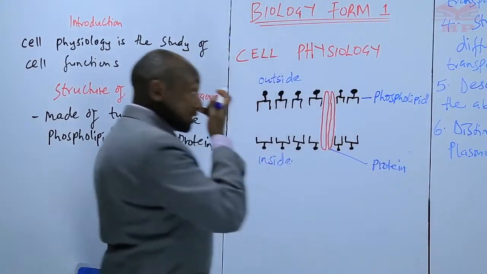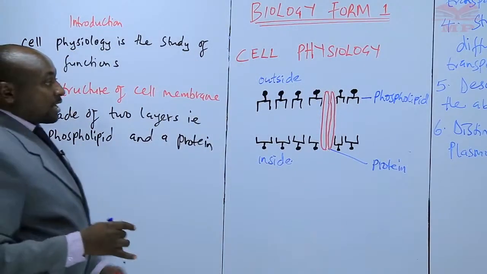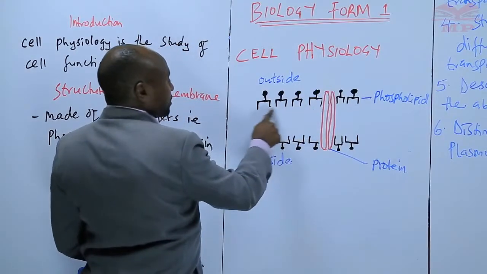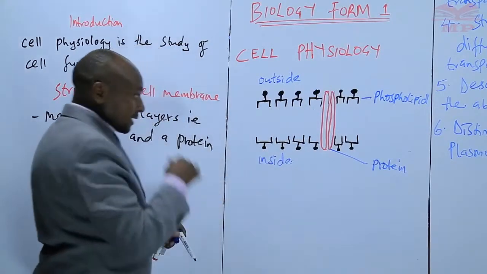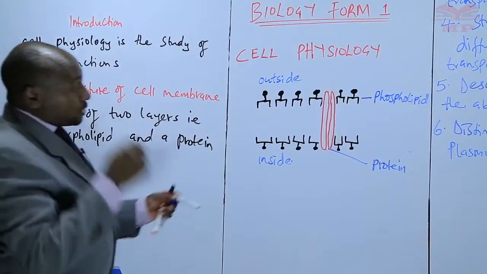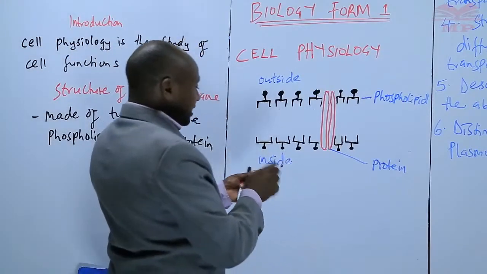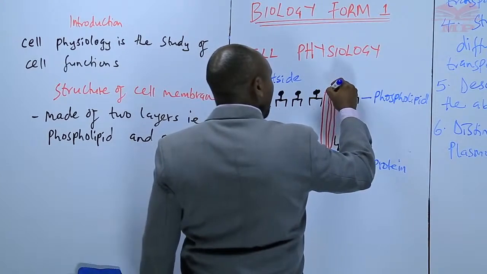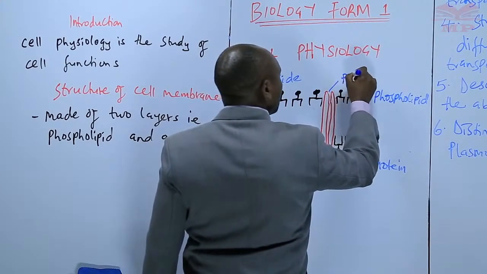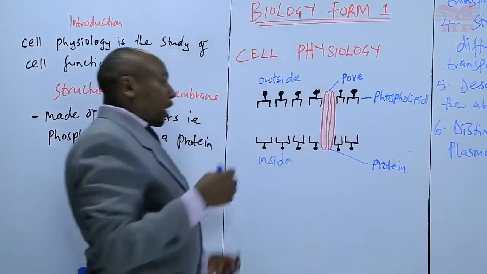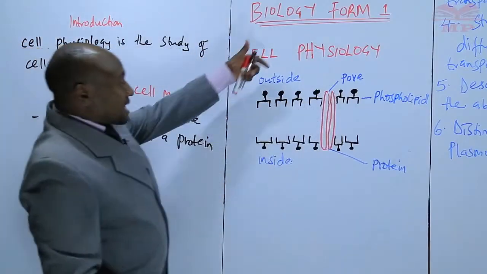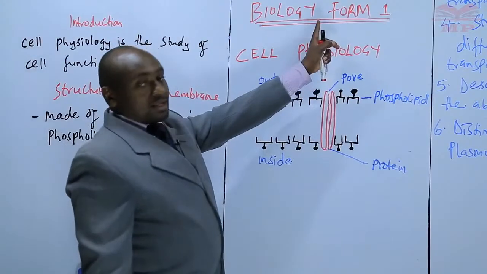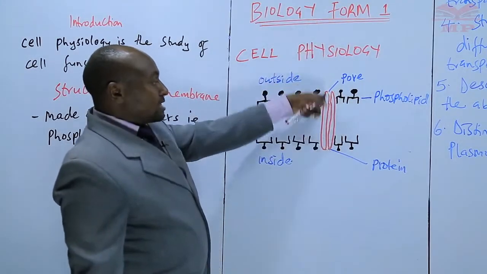So basically we are saying that a cell membrane is made of a phospholipid layer or a fat layer and a protein layer.